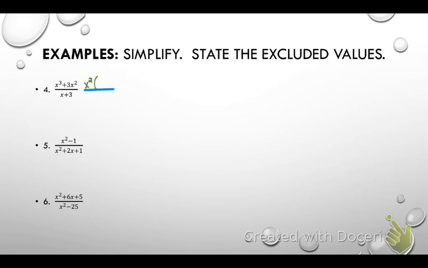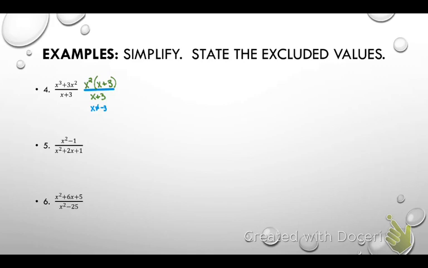What am I left with? X plus 3, and then I have x plus 3 on the bottom. Now, before I start chopping things off and simplifying, what can x not be before we even get started? X cannot be negative 3. So I know that going in.